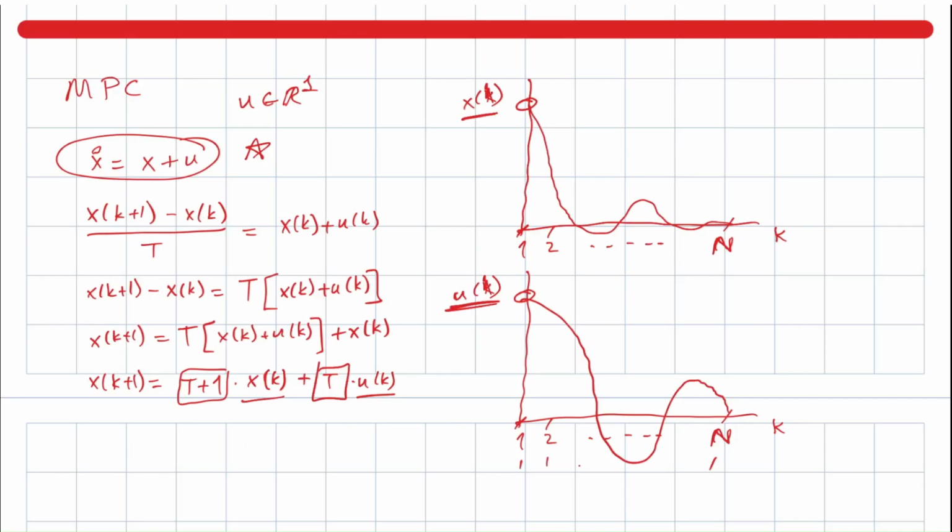You need to find N numbers u of k, where k is from 1 to N, and on top of that you also need to find x of k, where again k is from 1 to N. So you need to find 2N numbers.